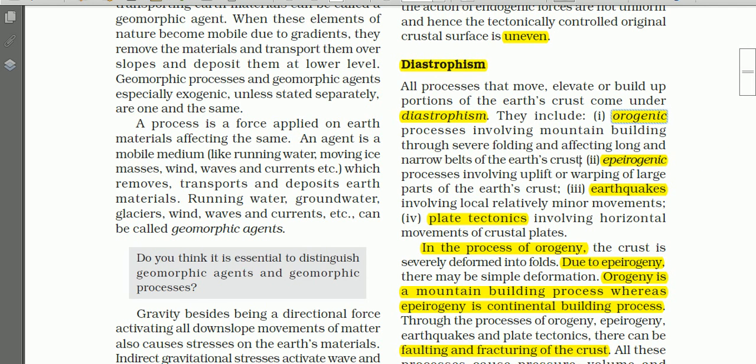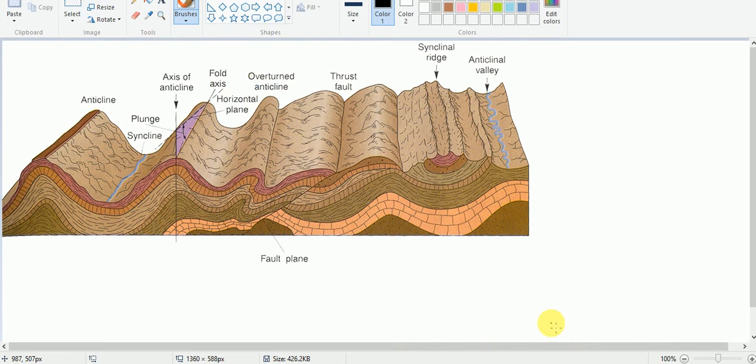Here again we have to call back this diagram. This is about orogeny, orogenic forces. In this case, two forces come together towards a common point. This is what I call compressional forces, and this comes under the term endogenic processes.